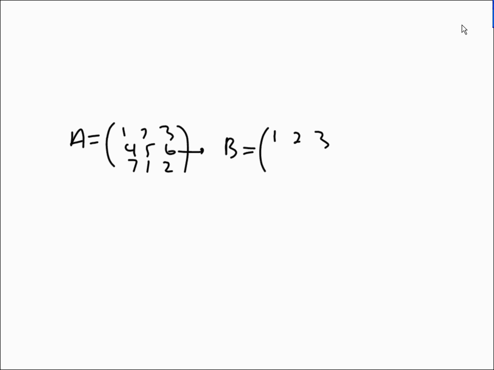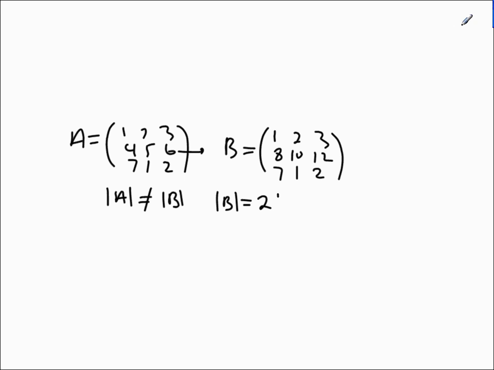In other words, if you multiply row 2 by 2, these matrices will not have the same determinants. The determinant of A is not the determinant of B, but rather the determinant of B, since I multiplied row 2 by 2, is 2 times the determinant of A.